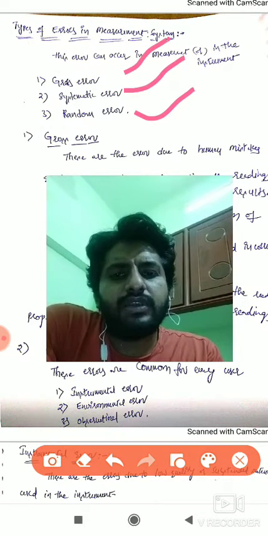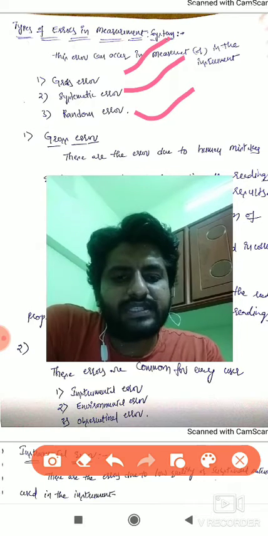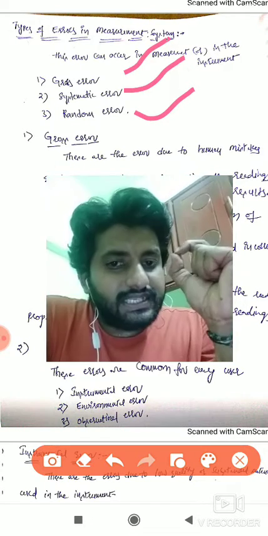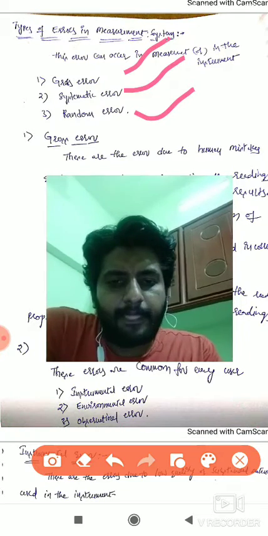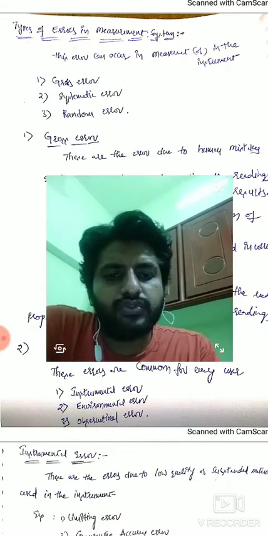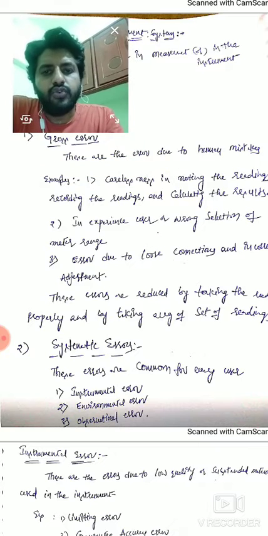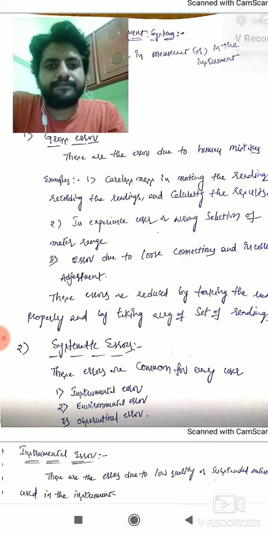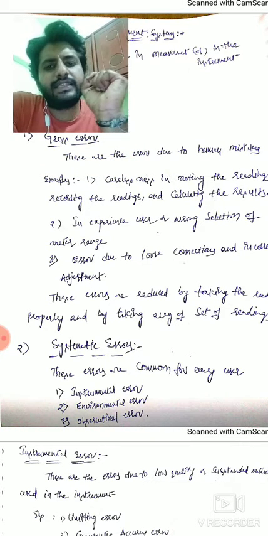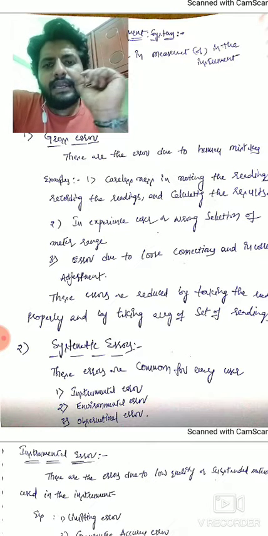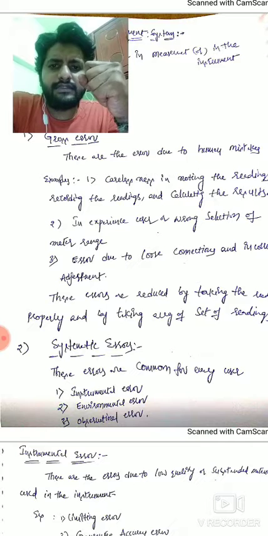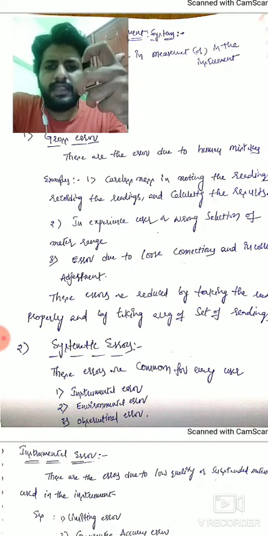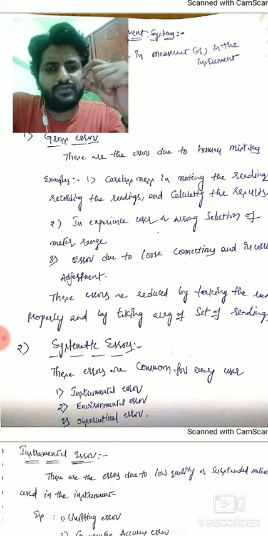First, we discuss gross errors. So what is a gross error? Gross errors are the errors due to human mistakes. For example, carelessness while taking the readings from the instrument. The human being may be careless, and this is one of the factors for this type of gross error.